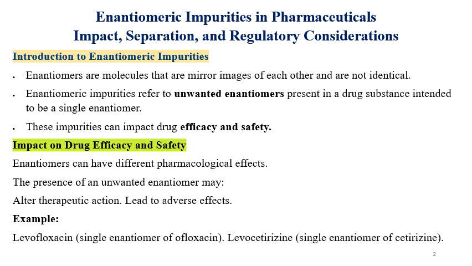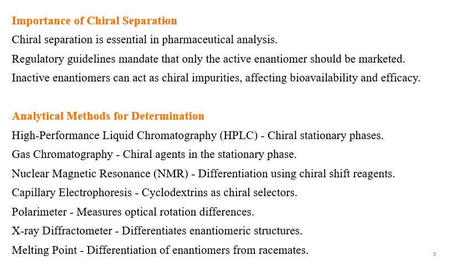Examples are like levofloxacin and levocetirizine. Levofloxacin is the single enantiomer of ofloxacin. Levocetirizine is a single enantiomer of cetirizine. Now see the importance of chiral separation. These are also known as chiral impurities.